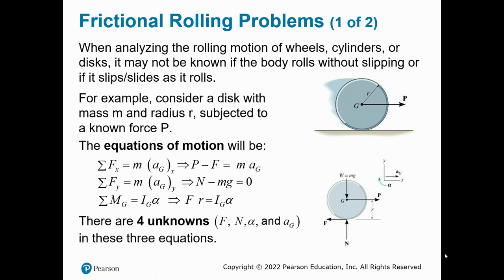Vertically, we don't have any movement, right? So horizontally it is P minus F equals m a_G. Now, for the rotational, sigma M_G equals I_G alpha, or F times r equals I_G alpha.